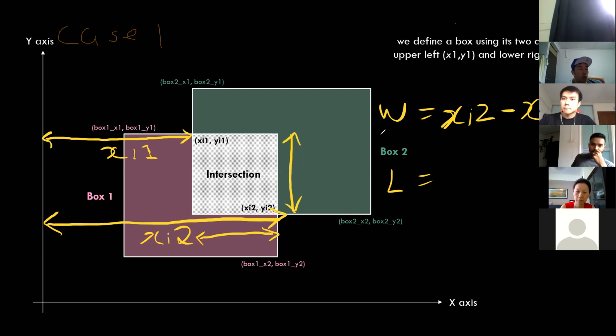How do you get L? Can you use yi1 minus yi2? yi2 minus yi1, sorry, yi1 minus yi2. Yeah, it's exactly it.